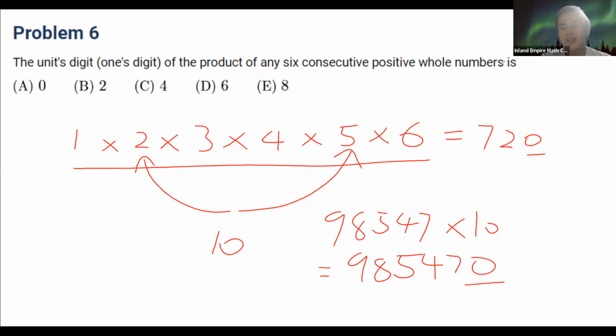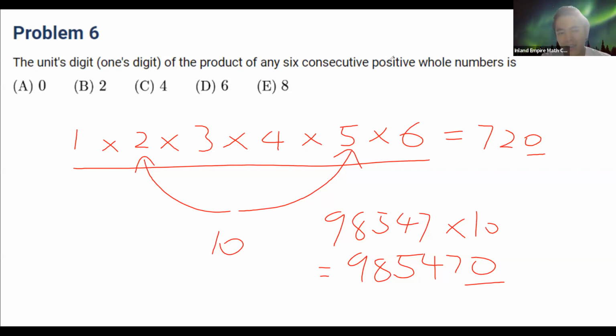So if you think about this in a broader scope and more generally, if you have 6 consecutive positive whole numbers, you're going to have a 5 in there somewhere, right? If you don't believe me, just do a simple experiment. Start with any number, let's say 77, and count: 77, 78, 79, 80. 80 is a multiple of 5, and multiplying 80 by something would give you a 0 at the end.